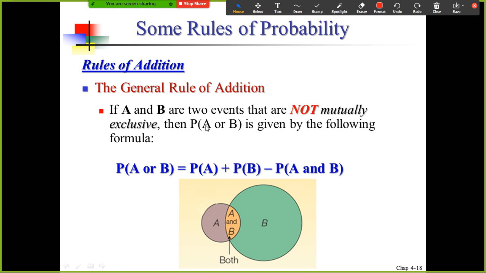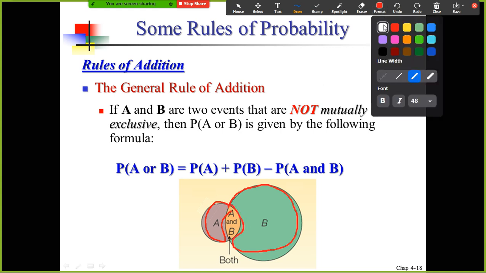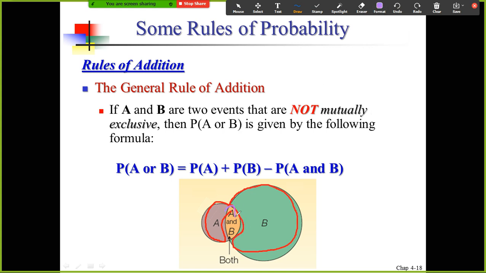But what we want is A or B. That's why we want to study the probability of A or the probability of B. How about A and B? A and B we will take off because we don't want to see A and B. We want to see A or B. Okay, this is what we call the general rule.